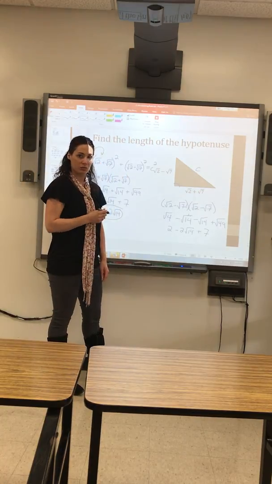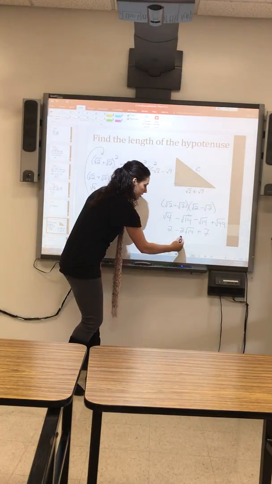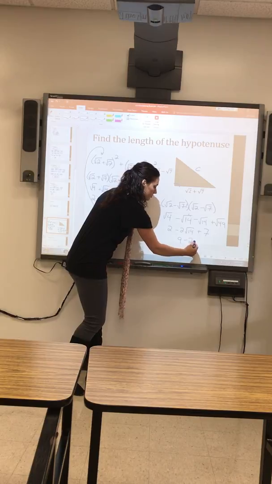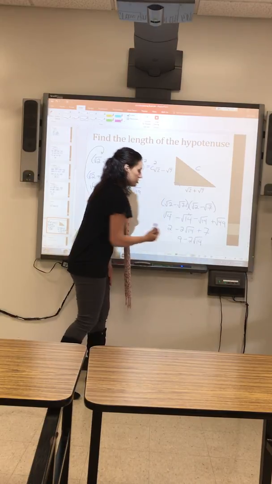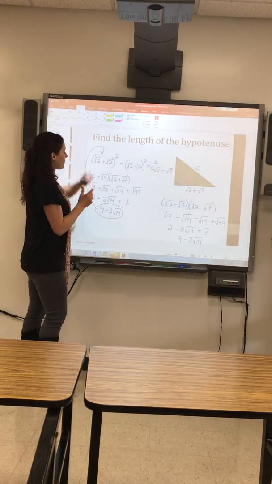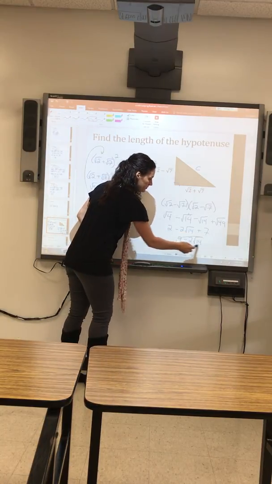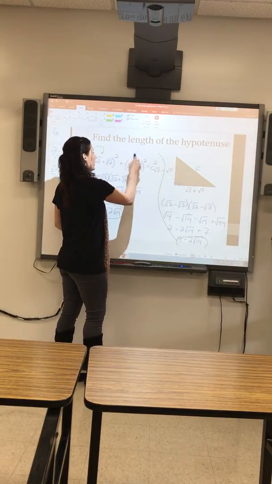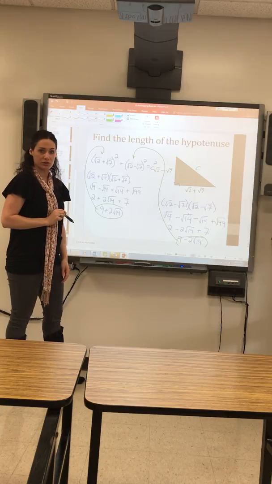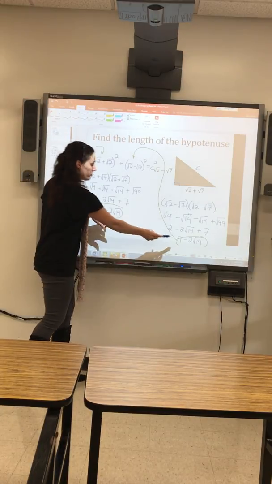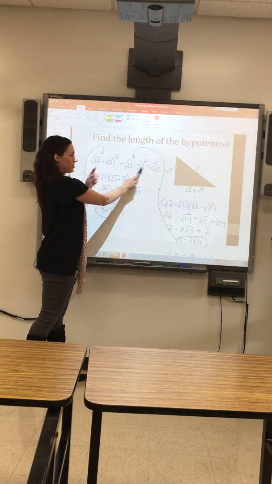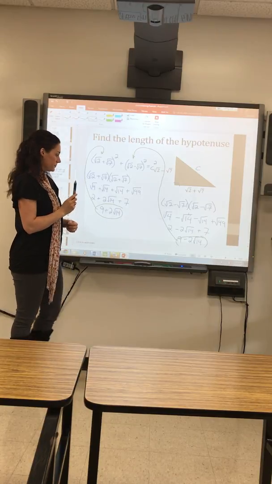The first and the last one were perfect square numbers. So I'd end up with 9 minus 2 square root 14. So this here is what that is equal to. So I have to take both of these, add it together, and they should equal c squared.